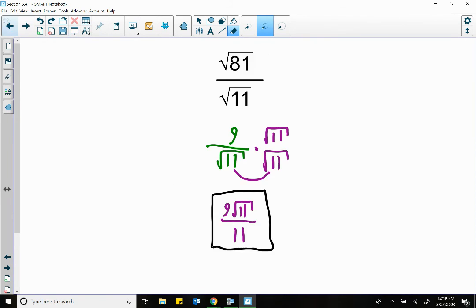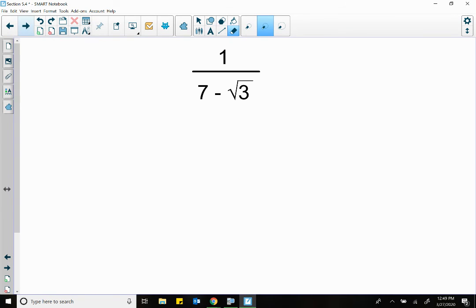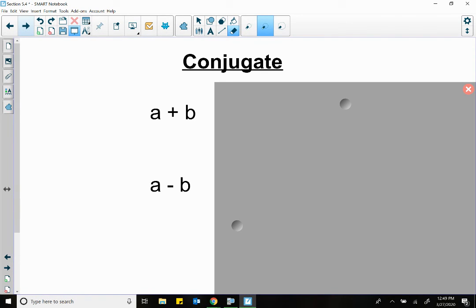Whenever you have addition and subtraction in the denominator and you have to rationalize, you have to use what we call conjugates. Okay? So a conjugate is, and this is like in the bottom, so like if I have an A plus a B, say that's my bottom, and say that the A is like 7 and the B is the square root of 3.